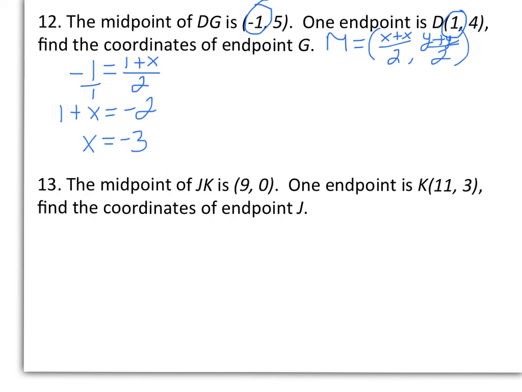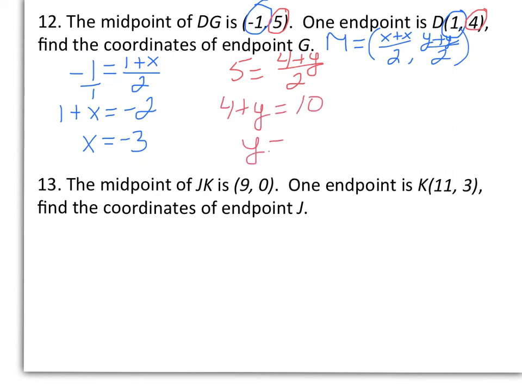Then same idea for the y. We know our y midpoint's 5, and one of my y coordinates is 4. So I will have 5 equals 4 plus y, divide by 2. If I multiply both sides by 2 or do the cross product, I get 4 plus y equals 10.